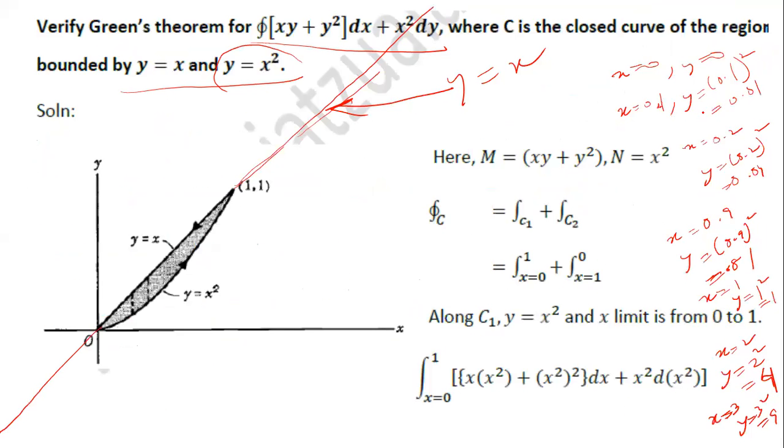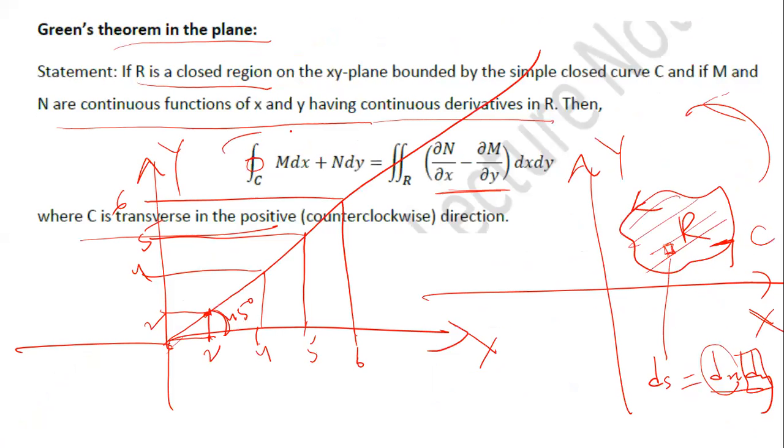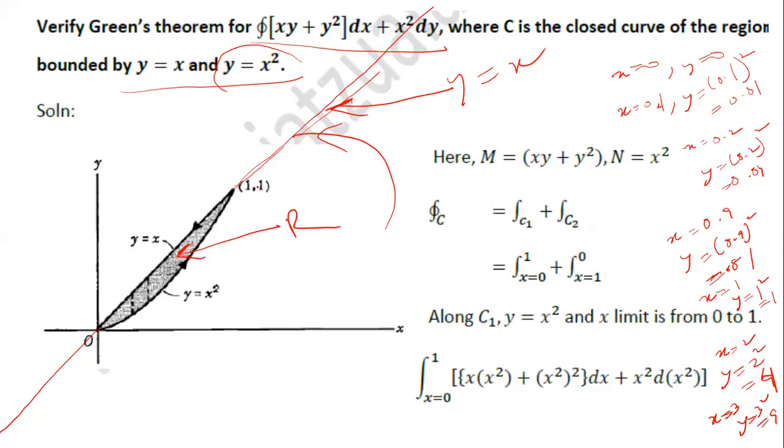So this is the region R we are going to consider, and we are going to consider counterclockwise, meaning rotating in the anti-clockwise direction. So we have to perform the integration from this point to this point along this line and then come back to this point. That is the loop integration that we are going to consider here, and it has to go in the counterclockwise direction.